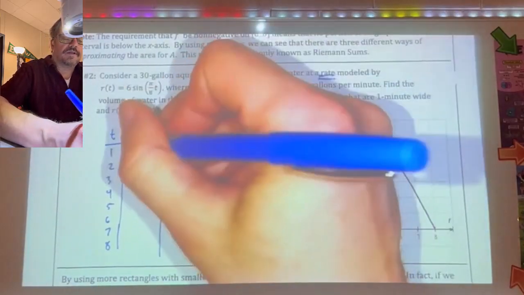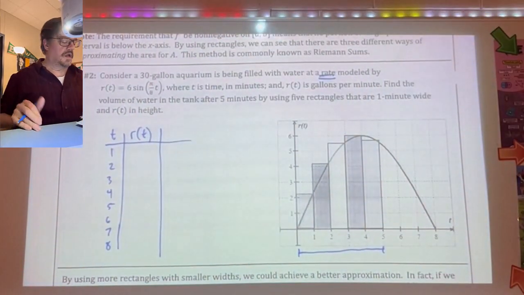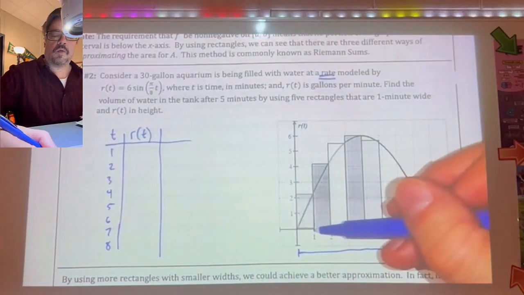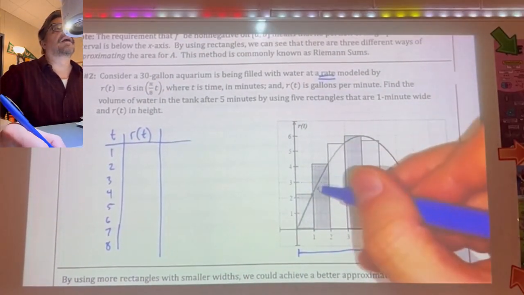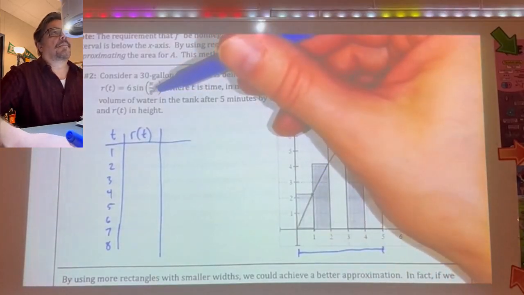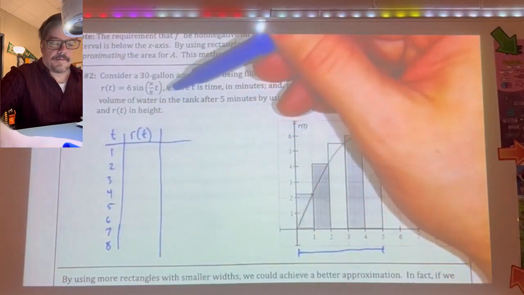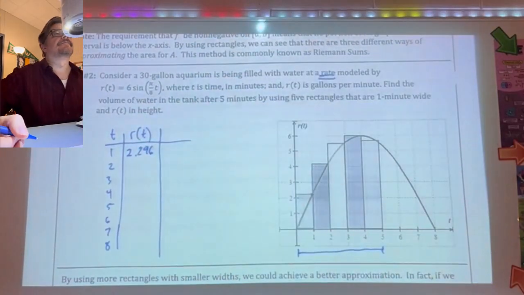Then what we would do is plug it in. So what would happen if I plugged in a 1? I get that height right there, right? So 1 goes into here, and I get 2.296.